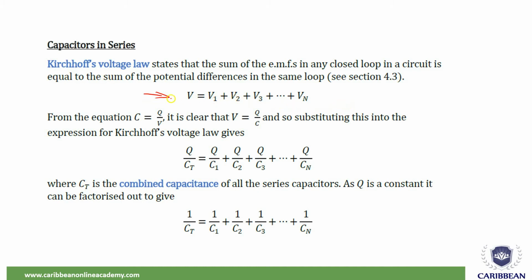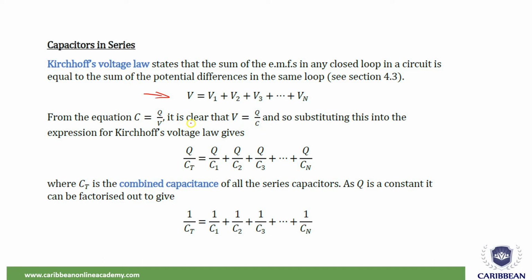Now, if we can recall something spectacular about our capacitance: capacitance is equal to Q divided by V. So if we make V the subject, we can clearly see that V is Q divided by C, if we were to transpose the equation.